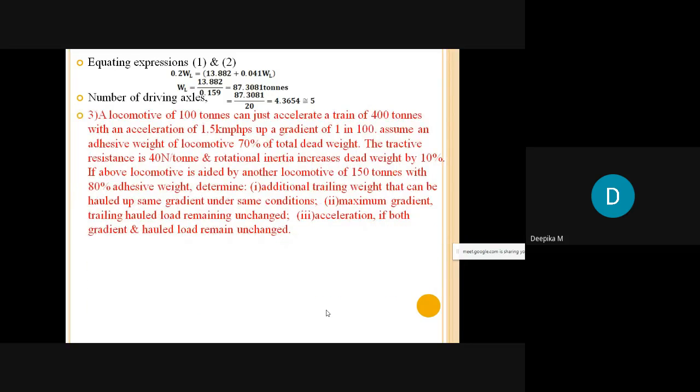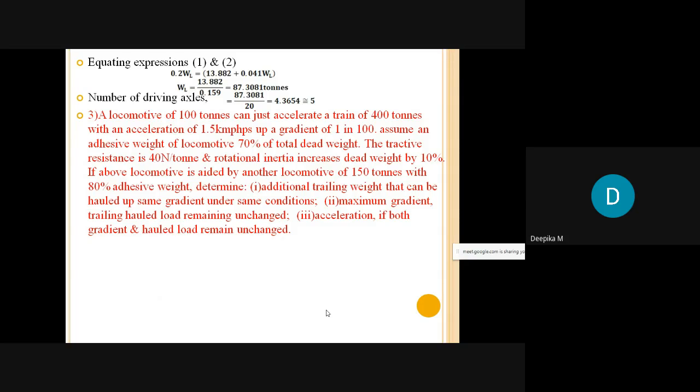Next, let us move on to the third problem. A locomotive of 100 tons can just accelerate a train of 400 tons with an acceleration of 1.5 km per hour per second up a gradient of 1 in 100. Assume an adhesive weight of the locomotive of 70% of total dead weight. The tractive resistance is 40 Newton per ton and the rotational inertia increases dead weight by 10%.